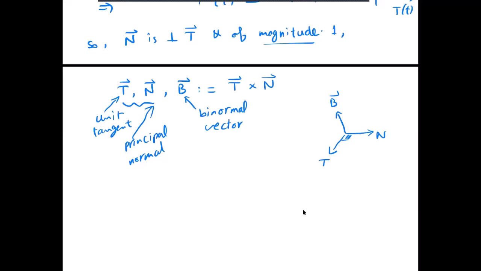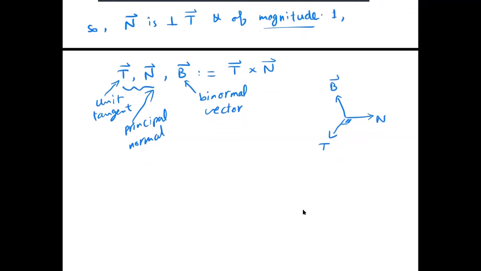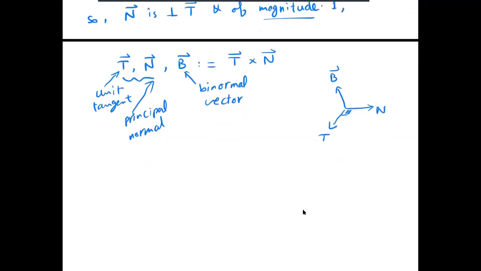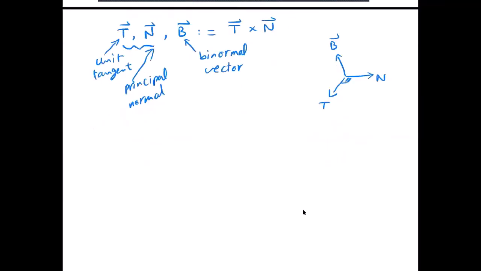We don't go into the right-hand rule in detail, but be sure that you write B as T cross N, because the direction is important: T cross N is not the same as N cross T. We just said that the dot product is commutative, but the cross product is not commutative. T cross N is the negative of N cross T. So if you commute them, it gives you a different sign, a negative sign.